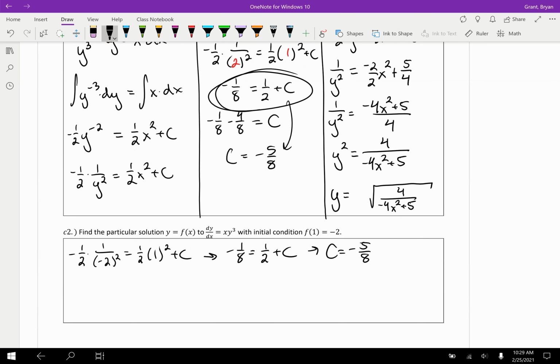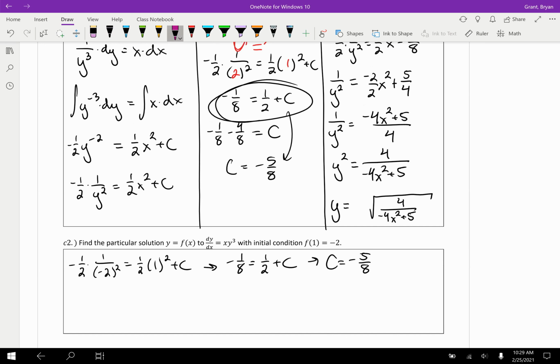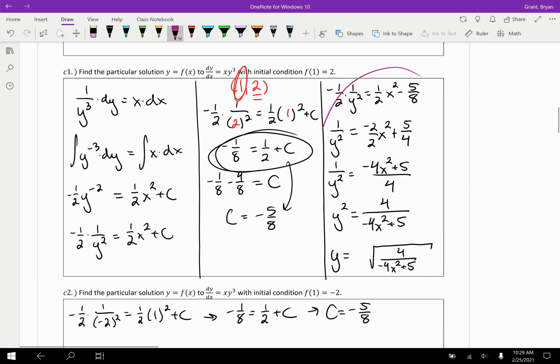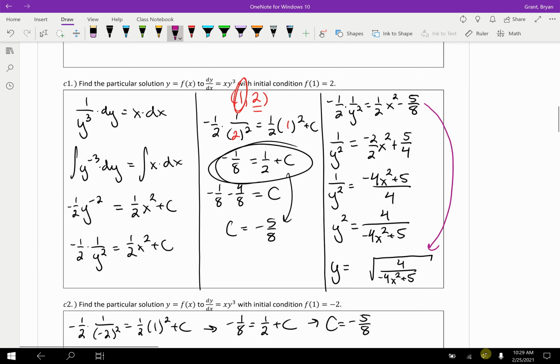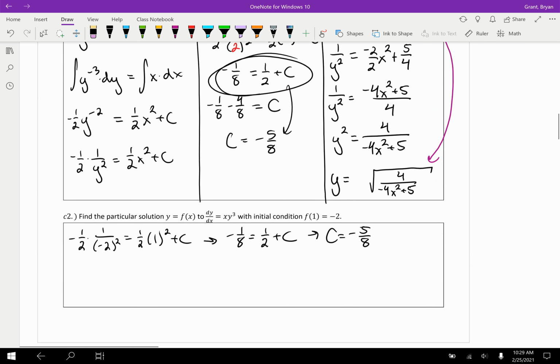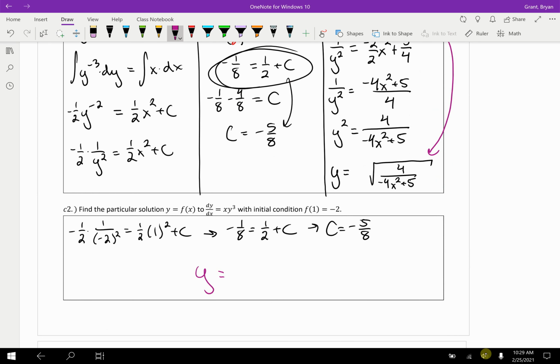Okay, well, where are we now? Well, now I think we should probably move into this last realm over here. But wait, if c is the same value, don't we know that that's the answer now, right? See, it'll be the exact same equation. So when we isolate y it's going to be that same square root, 4 divided by negative 4x squared plus 5.